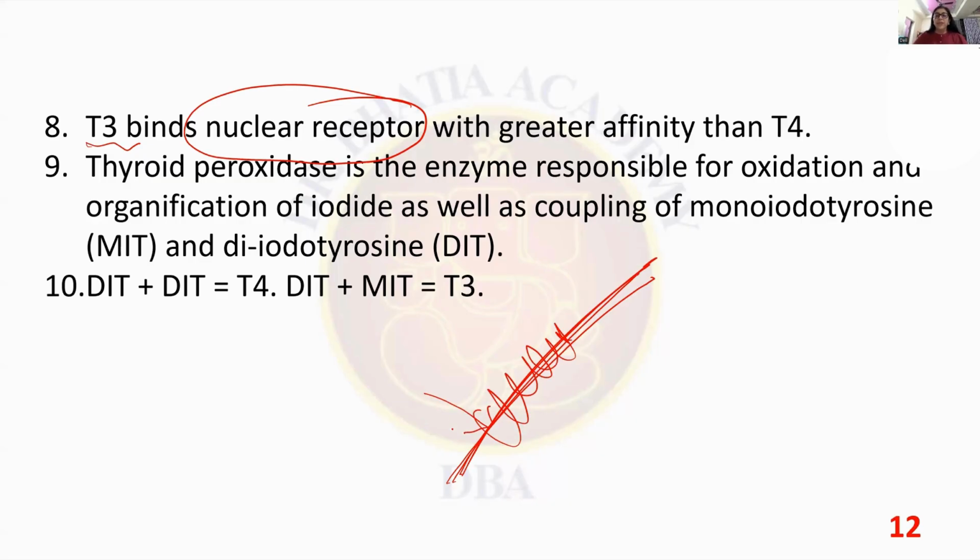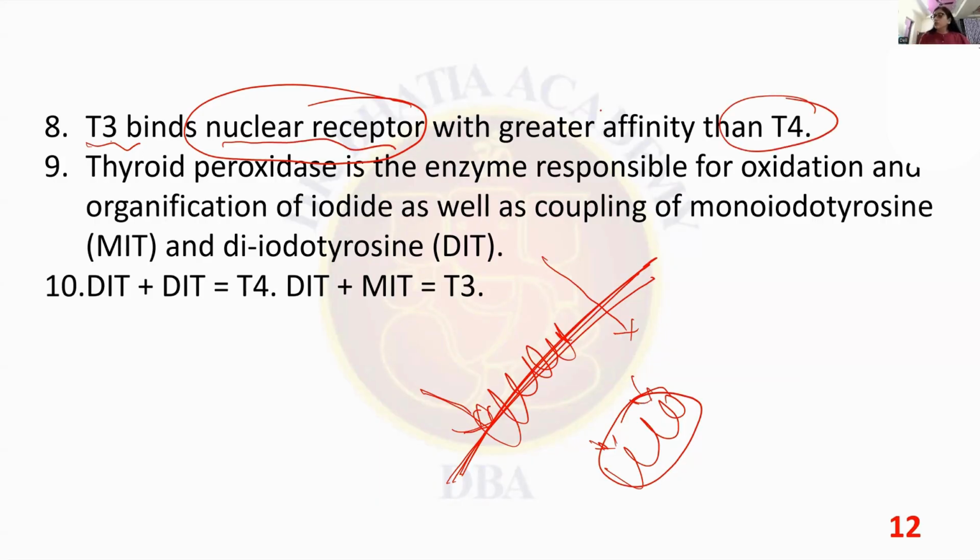But the T3 hormone will cross the cytoplasmic membrane and reach the nucleus and will act on the nuclear receptors. T4 also binds and acts through the nuclear receptors, but T3 is the active form and it has a higher affinity as compared to T4.